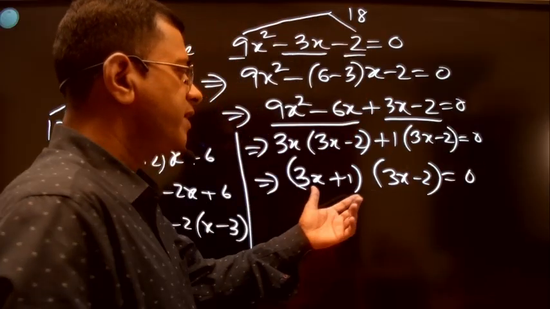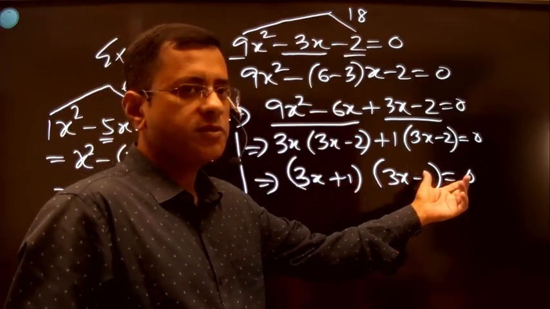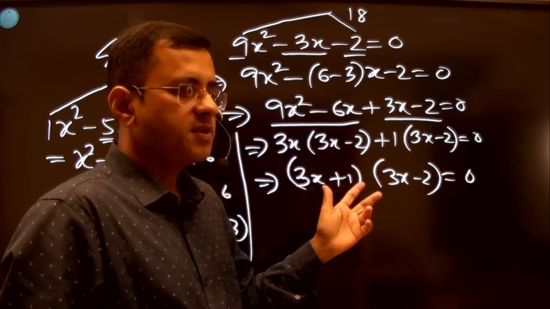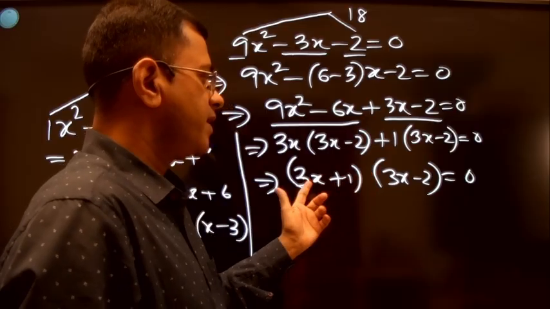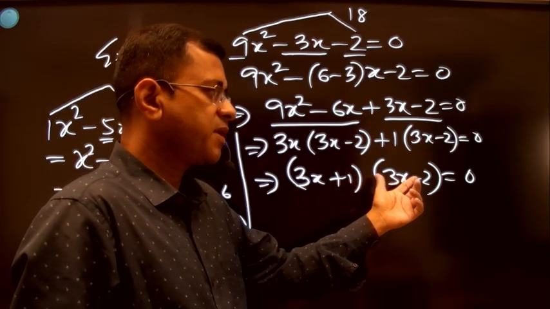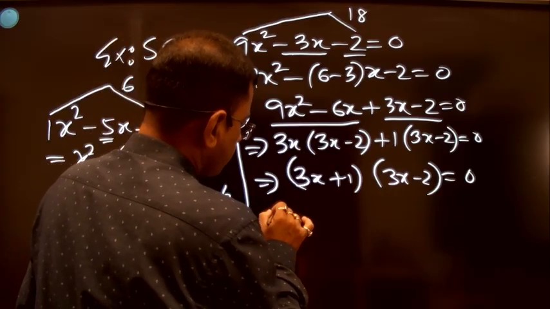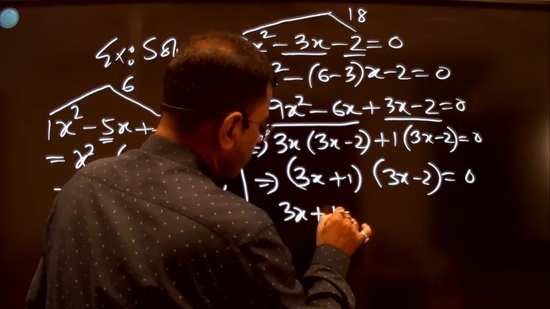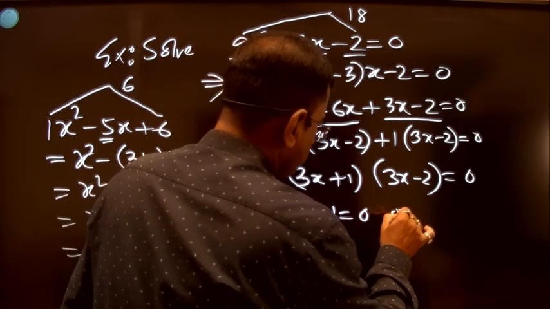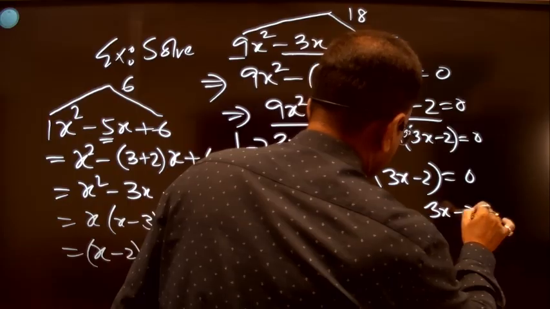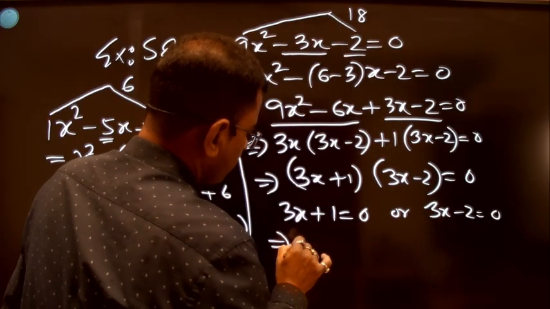When the product of two numbers is equal to 0, one of the numbers must be equal to 0. So here (3x plus 1)(3x minus 2) equals 0. So either 3x plus 1 equals 0 or 3x minus 2 equals 0. In that case, x equals how much?